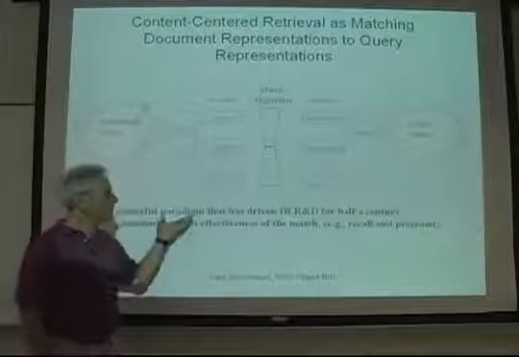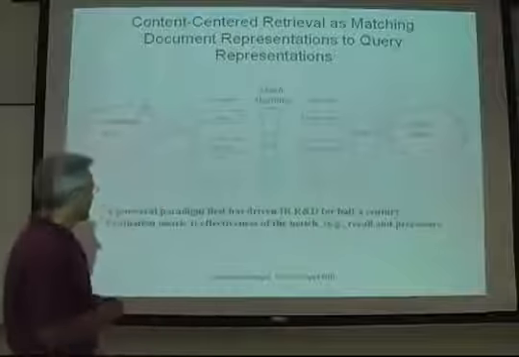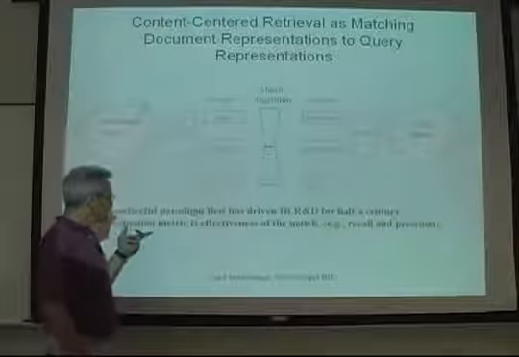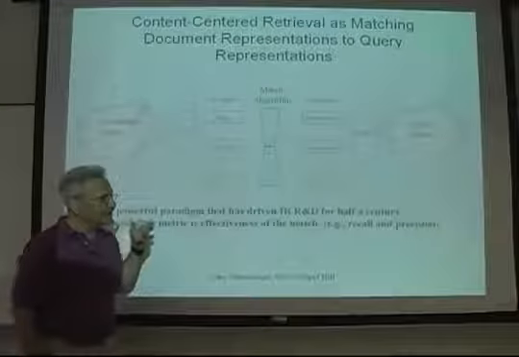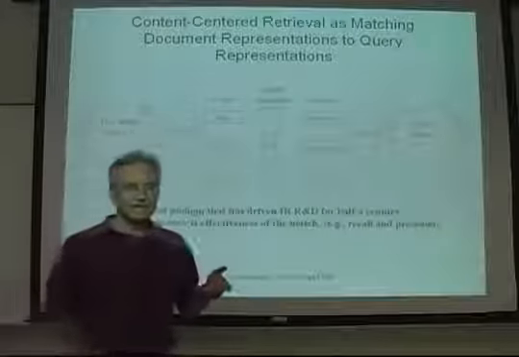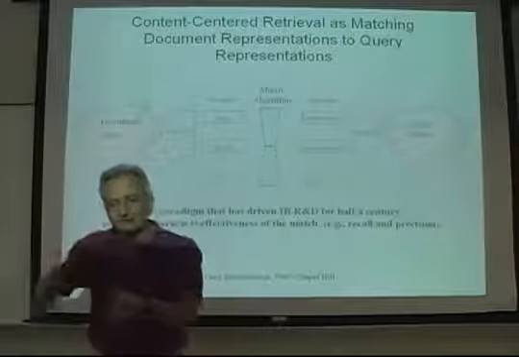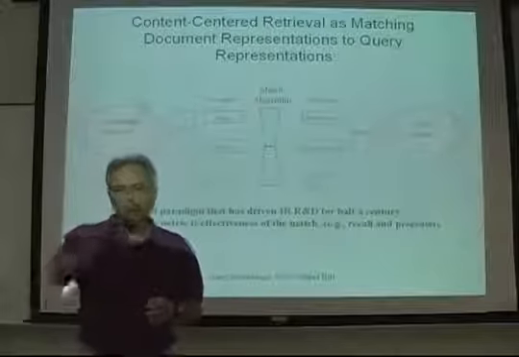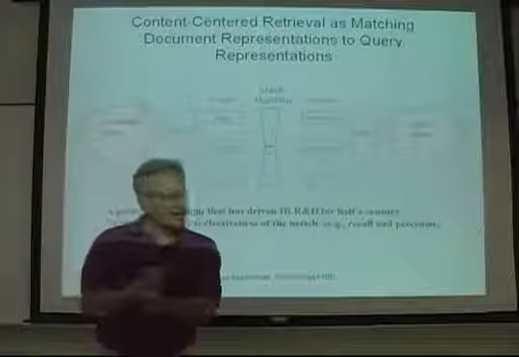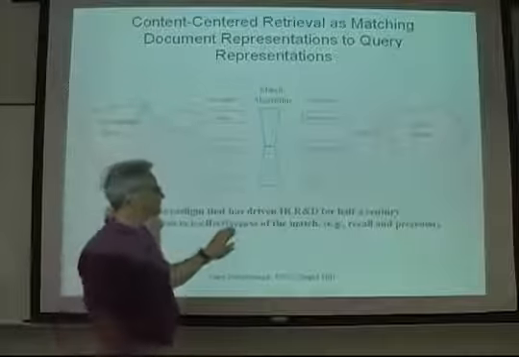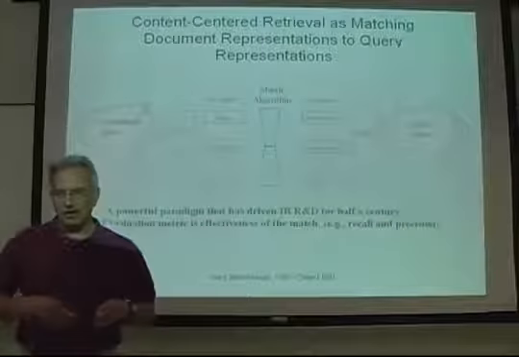Now, this is a very powerful paradigm, and it's driven this research for literally half a century. It's been successful in many respects because there's been an evaluation metric that, from an engineering point of view, lets people say this system does better than that, or this algorithm works better than that, because we can measure it, and we have this evidence. The effectiveness measures are called recall and precision, and they are numbers.